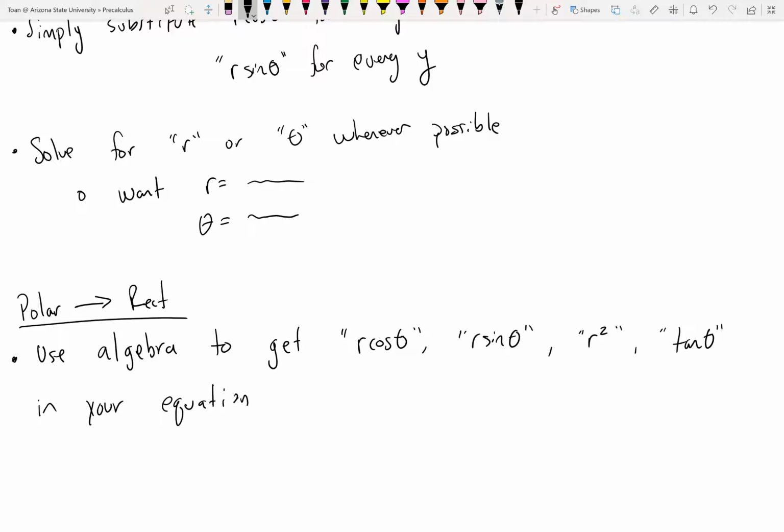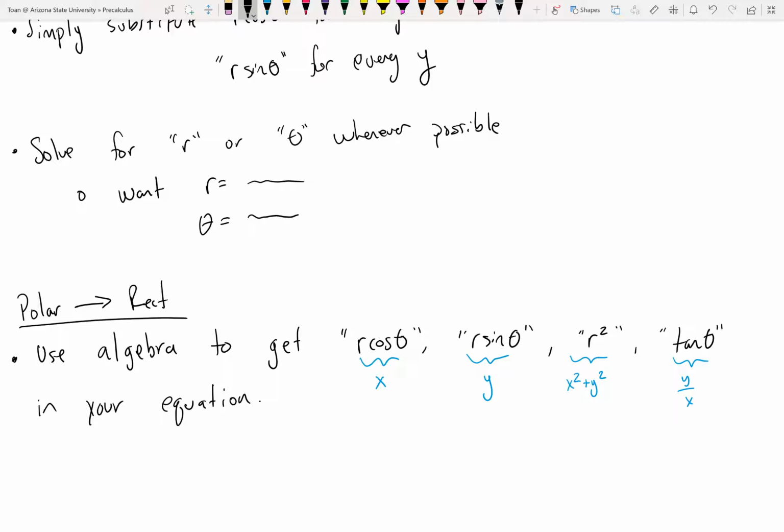The reason you want these expressions in your equation is because they allow direct substitution. Every single r cosine theta you can change to an x. Every single r sine theta you're going to change to a y. Every single r squared you're going to change into x squared plus y squared. And every single tangent you're going to change into y over x, which of course is rectangular form.